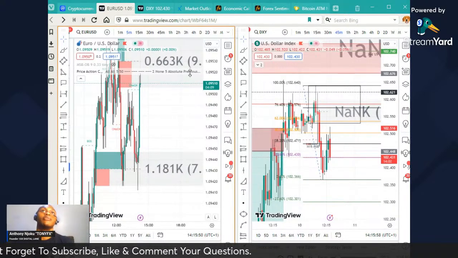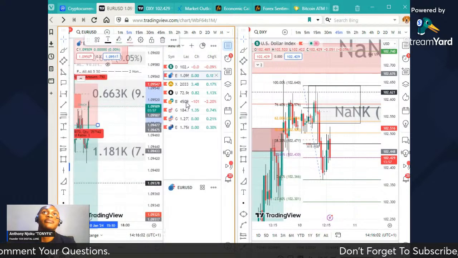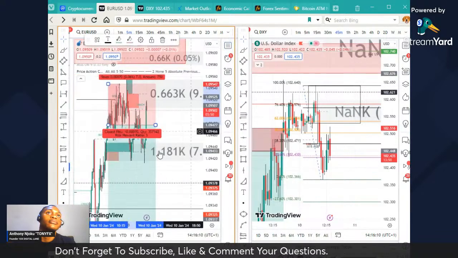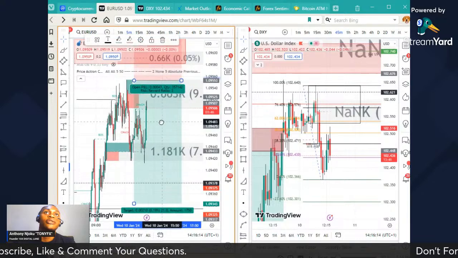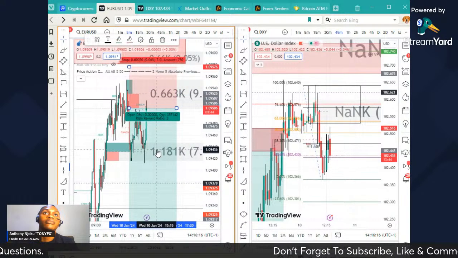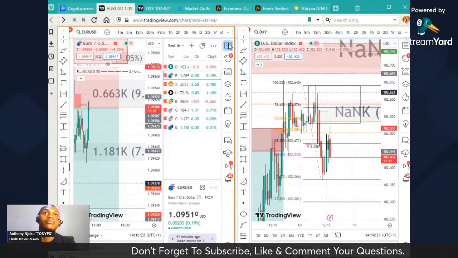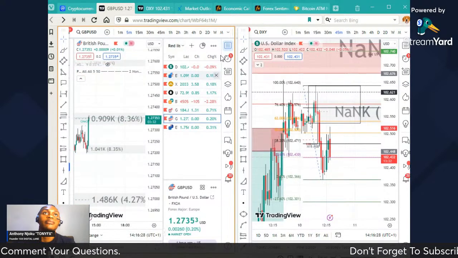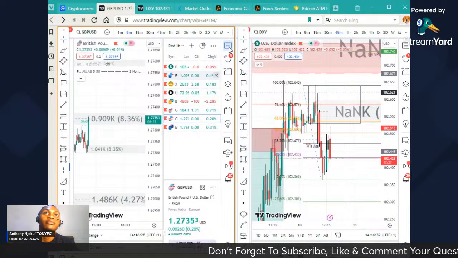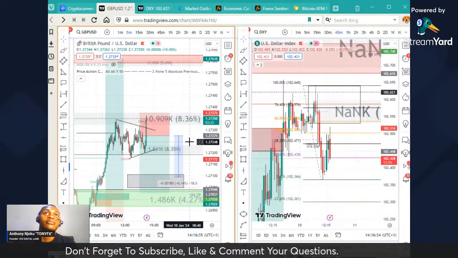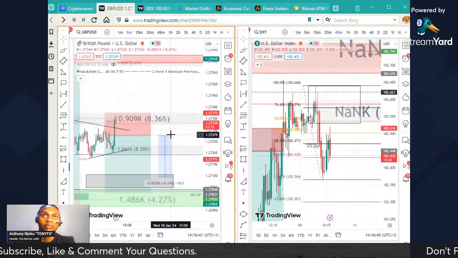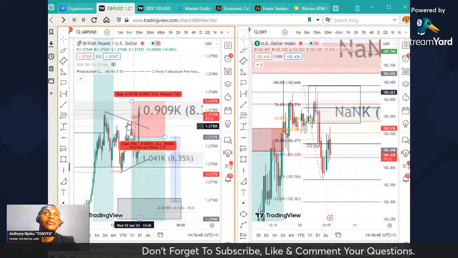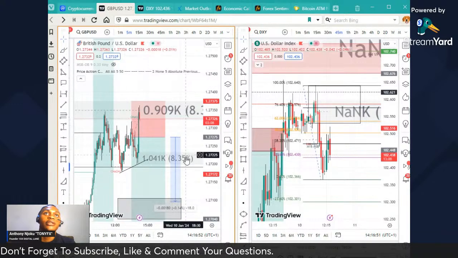Euro just got into the order block we were mentioning back then. Yeah, that's what I see. Euro just got into that order block. This order block. Let's see what GBP is doing. GBP went to fill this order block, I believe. Well, this ascending wedge was taken.